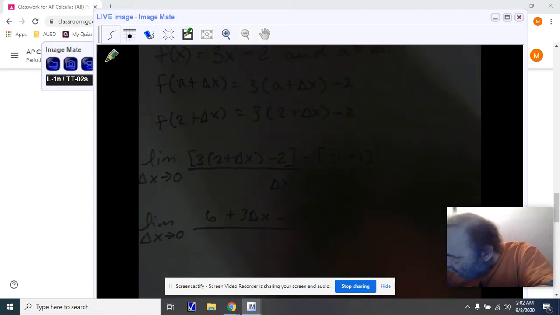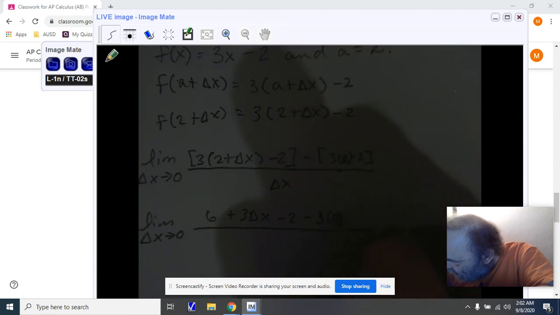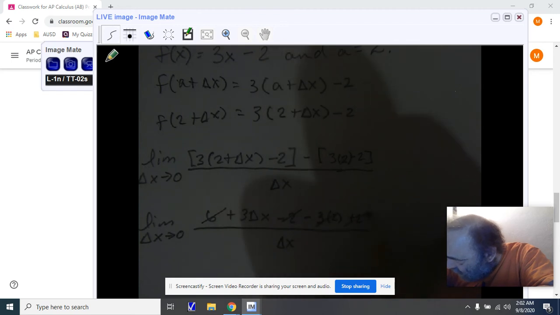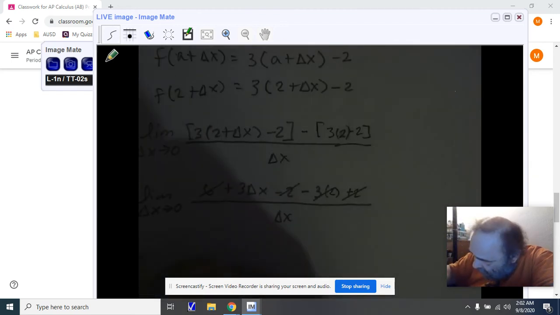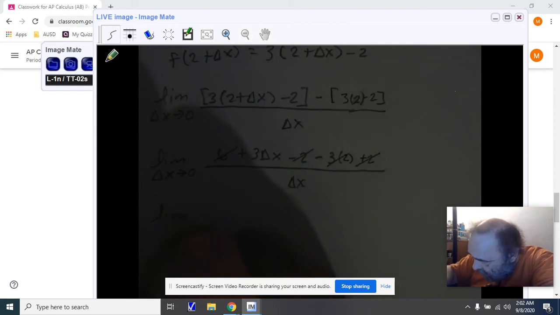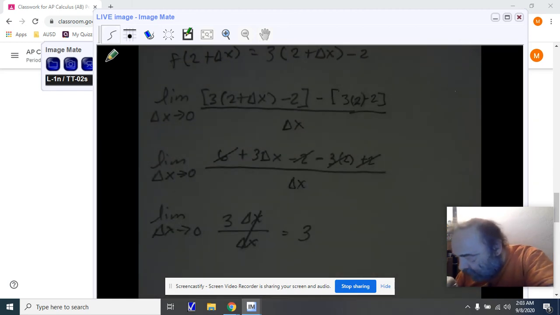So I've got my 2, I distribute, and I've got 3 delta x plus 2 minus 2 all over delta x. Now, everything that has no delta x should cancel. So I can now write it as the limit as delta x approaches 0 of 3 delta x divided by delta x, and I find the limit is 3.